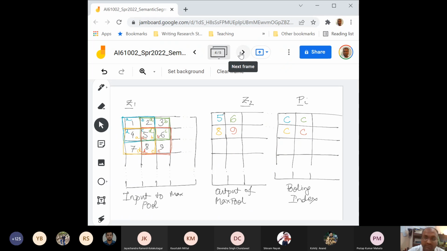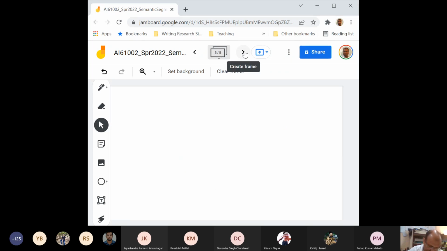Now, when I want to unpool this, what I do is like this. For unpooling, I will have this Z2, and then I have my PI, the pooling indices, and from there I want to get my Z1 prime. So what were the values I had for Z2?